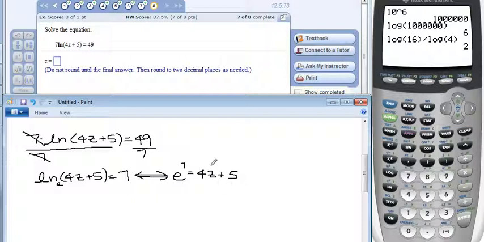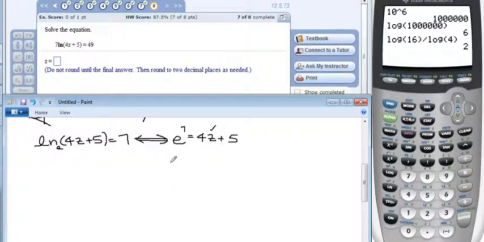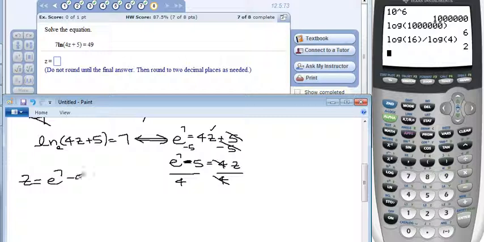We're just solving for z. So you would do exactly what you would do in a normal problem. e to the 7th is just a number. It's a messy number. But we're going to subtract 5. So this is minus 5 is equal to 4z, right? 5 minus 5. And then I would divide through by 4. So here z is equal to e to the 7th minus 5 over 4.